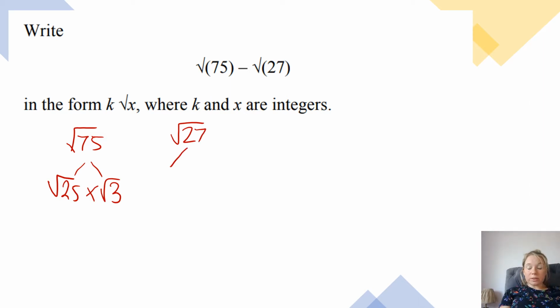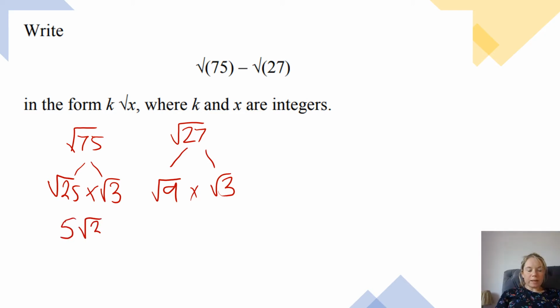A square number that goes into 27 is 9. So root 9 times root 3. Now what we've done is taken out the square number of both of these, and so we've got root 25, which changes to 5, and then we don't need the times there, 5 root 3. That means 5 times root 3, but we don't really need it.